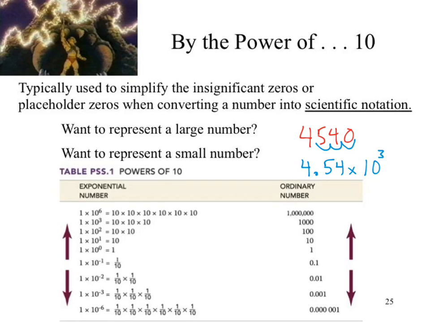Regardless, Mastering should accept, for this calculation, whatever it was, let's just say grams, both of those as valid answers. If it doesn't, let me know. I'll take a look at it and send them an email. I'll probably delete the question or give you extra points.